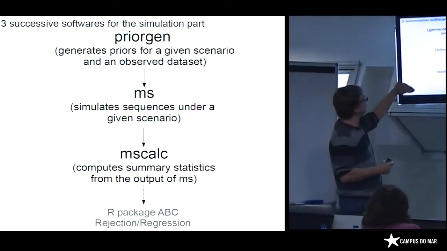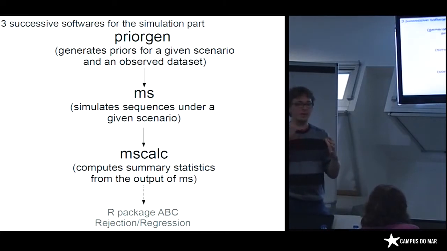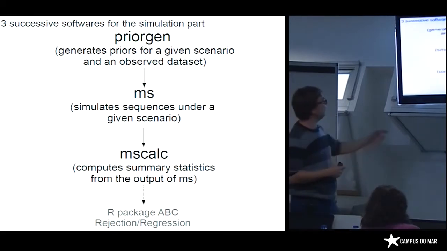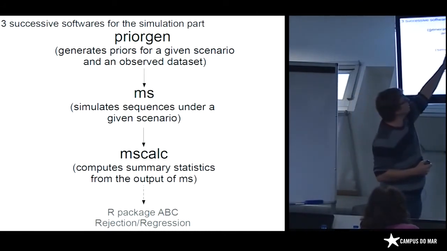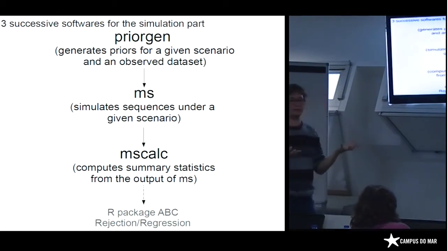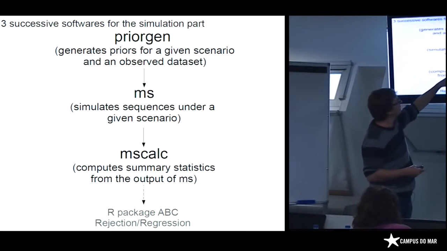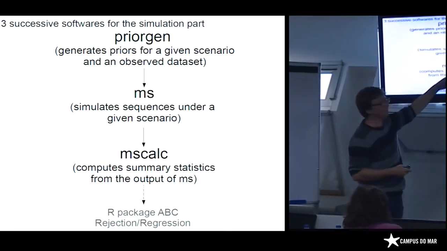So it allows to simulate sequences by backward coalescence simulation. So it's very, very fast under a given scenario. And you use the output of MS to calculate the summary statistics. And to calculate the summary statistic, you are going to use MSCalc.